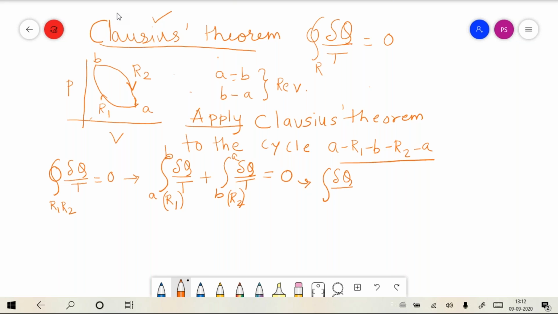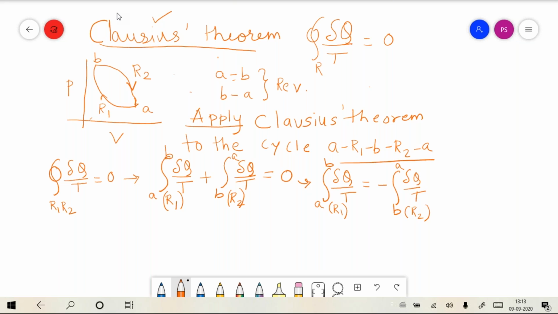Let me write this as: the integral from A to B via path R1 is equal to minus the integral of del q by T from B to A via path R2.